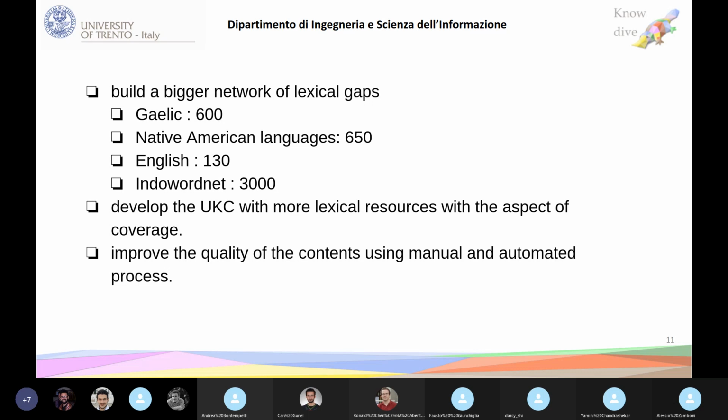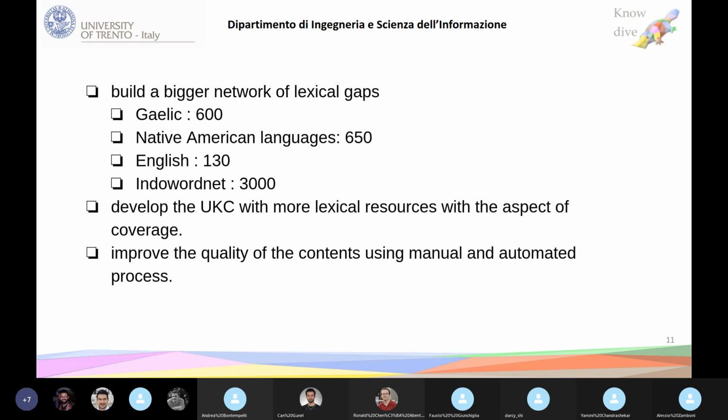During the development of the Scottish Gaelic WordNet, we found about 600 lexical gaps in the Gaelic language, and in the recent work on the Native American languages, we have around 650 lexical gaps. As a result of these two projects, there are lexical gaps in English as well, numbering around 130. And from the IndoWordNet, we have had 3,000 lexical gaps, which have a high possibility of increasing in number in future.